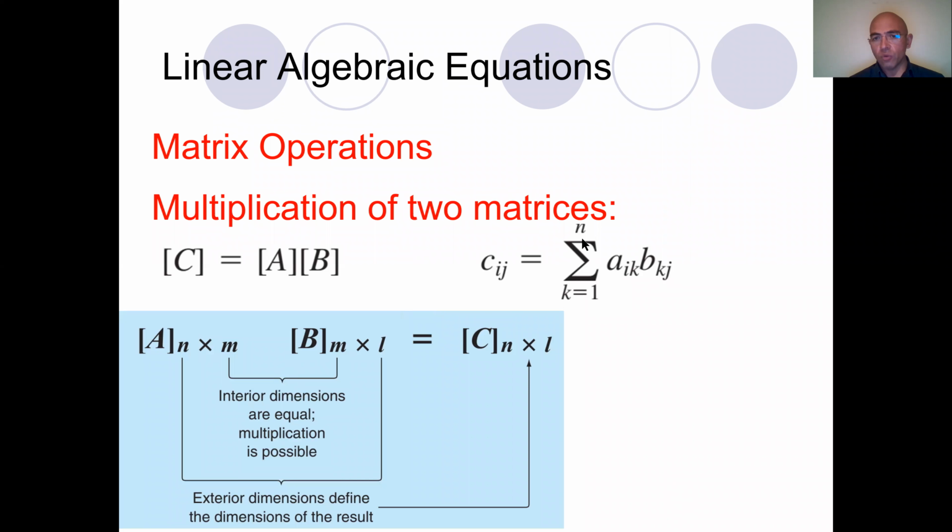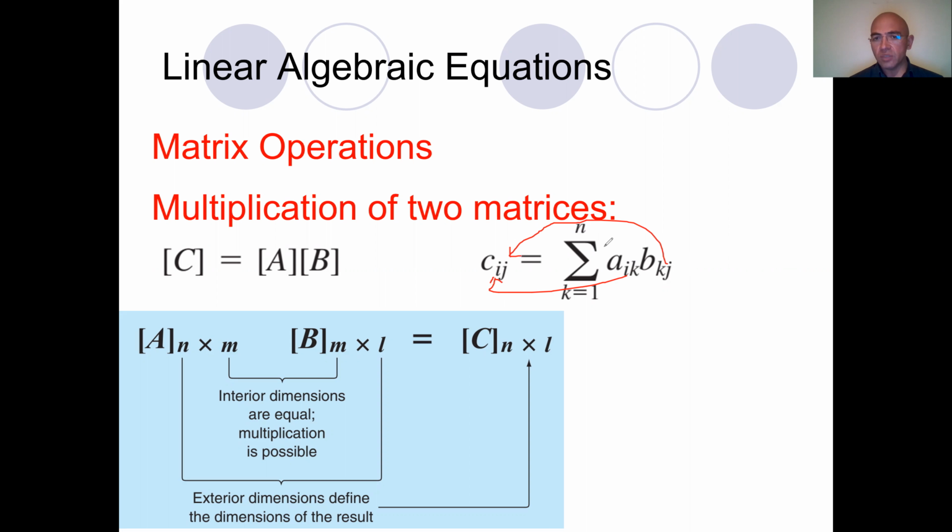You see, k is from 1 to n. It is Aik multiplied by Bkj. This basically means that you iterate over the members of a row, which is row i, and this forms the i component, and then you have the j here, and there is a summation over k.